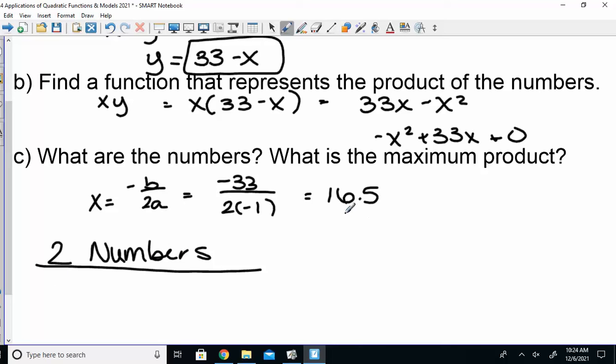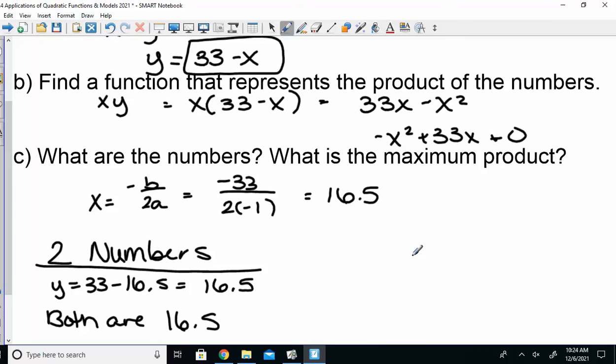How do we find y? Yeah. The other one is 33 minus 16.5, which is 16.5. So my two numbers both are 16.5.